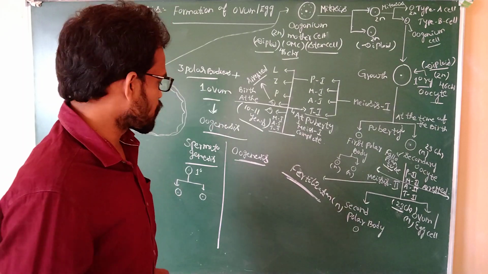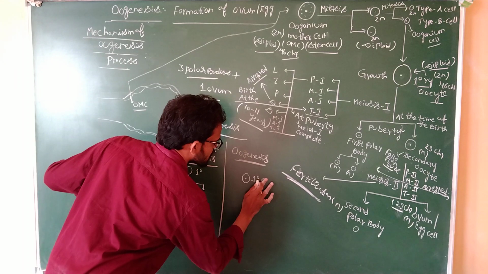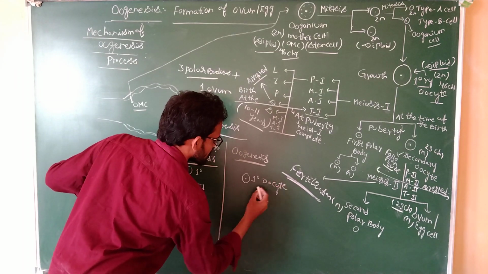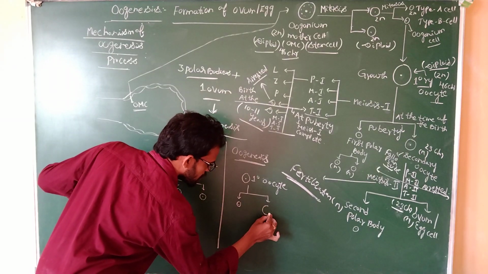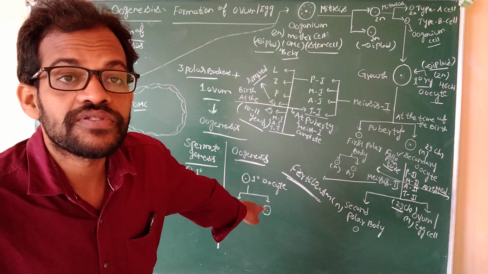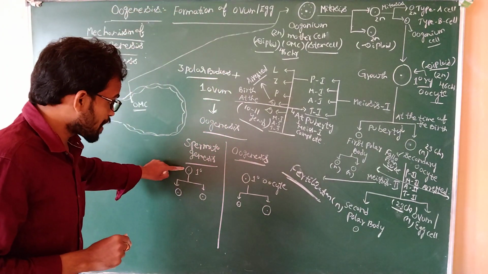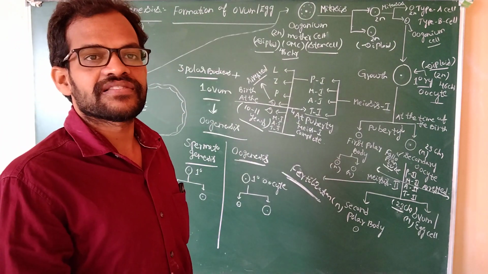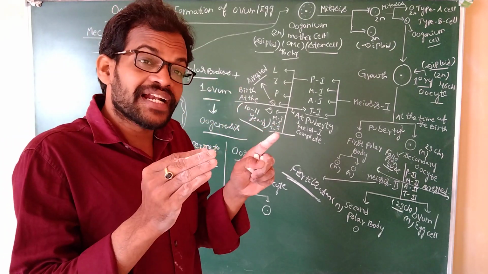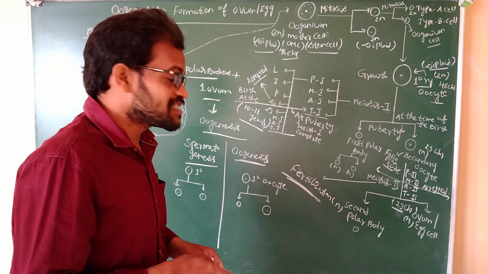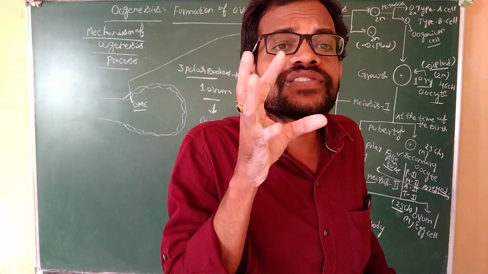In the oogenesis process, the primary oocyte is not converted into two equal cells. In spermatogenesis, it is divided equally in size and in every content, cytoplasm and nucleus. But in oogenesis, the primary oocyte is converted into one small cell and one large cell.